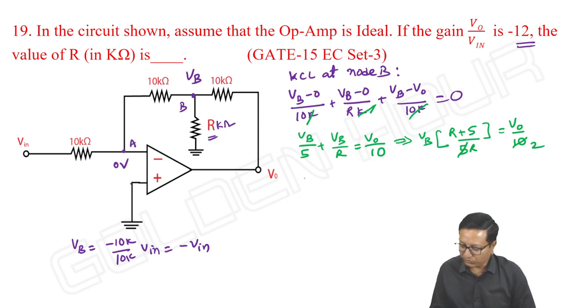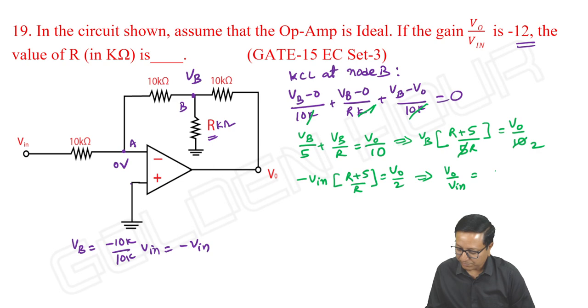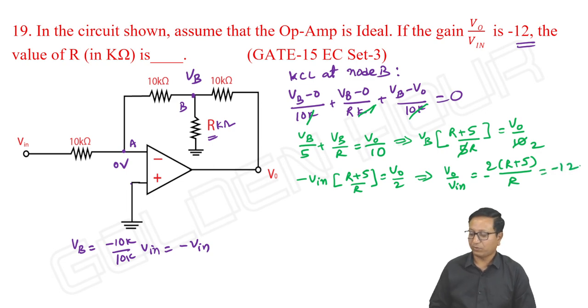VB is equal to minus V in. So, minus V in into R plus 5 by R is equal to V output by 2. Implies, what is the gain? V output by V input is equal to 2 into R plus 5 by R with negative sign, whose value is equal to minus 12.